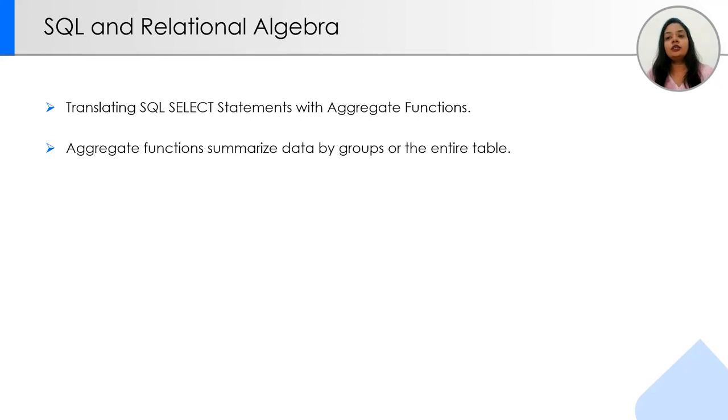Aggregation is an important task when we talk about data analysis, because you may have to do a lot of aggregation of different data, facts and figures, so that you can get the accurate result. An aggregate function summarizes the data by groups or the entire table, which means it combines data.